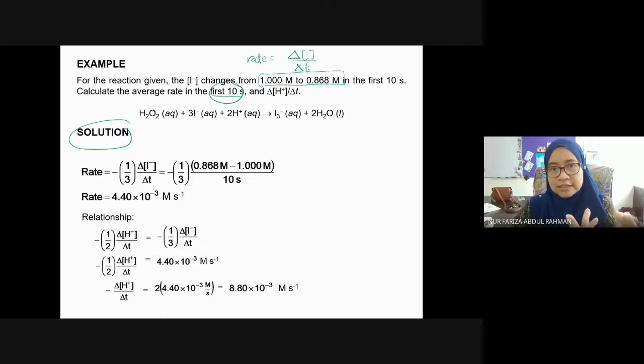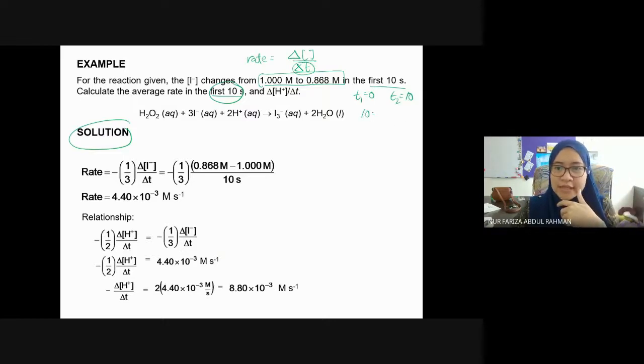How about the delta T? For delta T also, we need two times there. Okay, because we want it to be the difference, the T2 minus T1. Alright, when it says 10 seconds, it is understood. When it says first 10 seconds, T1 will be 0, T2 will be 10.